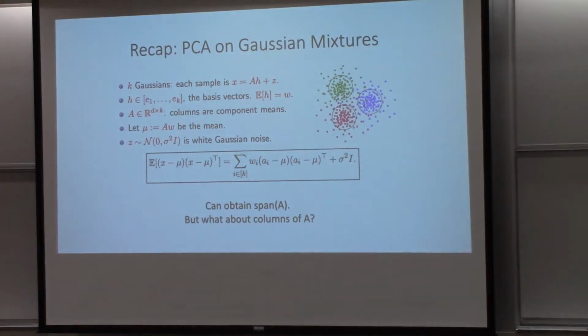So sigma square is known. So here I can assume that I can cancel it out. If I know sigma square, I can just subtract that from the correlation matrix. So what I'm getting at is I have an estimation of this product, the product of A with the diagonal matrix of the unknown W and then A transpose.